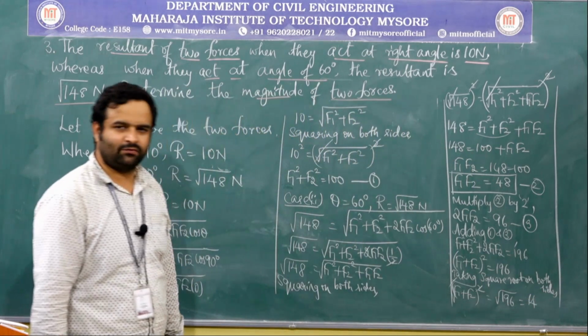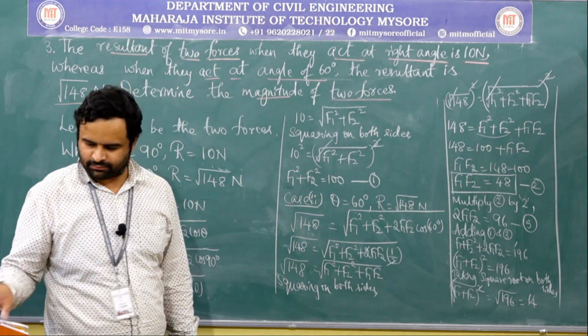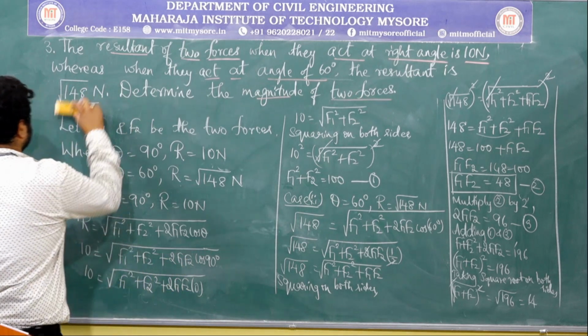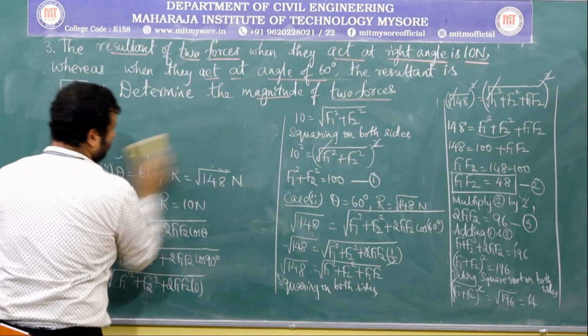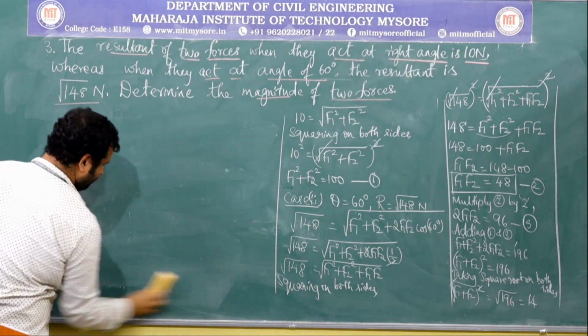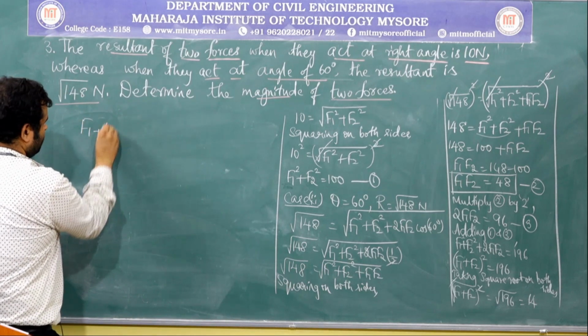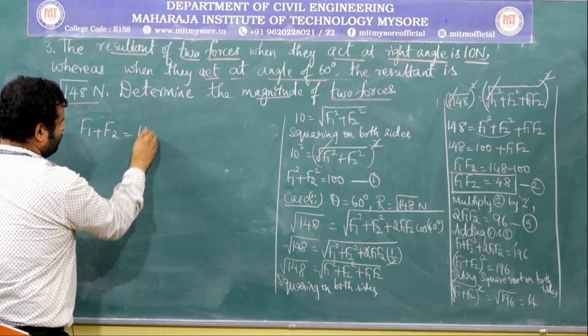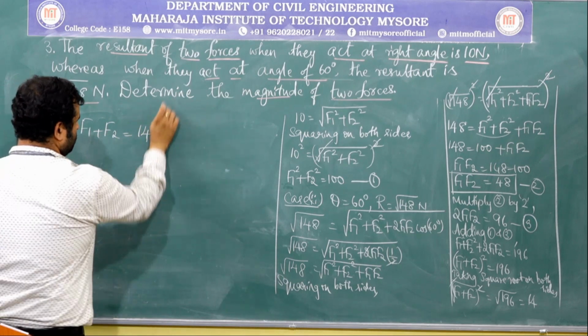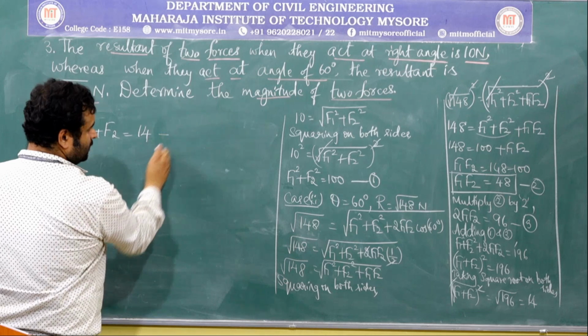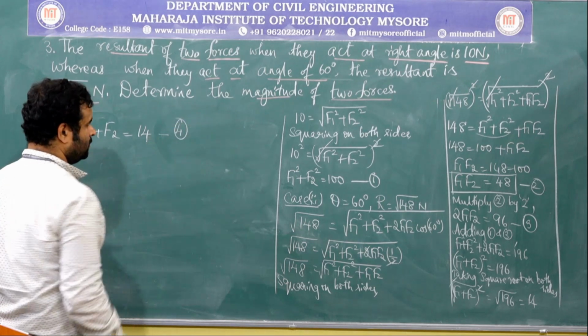So F1 plus F2 is equal to 14. Now, let me continue here. We can write F1 plus F2 equals 14 Newton, say equation number 4.